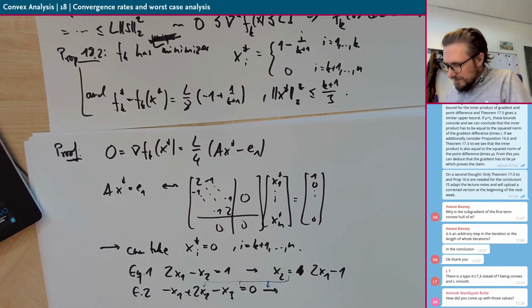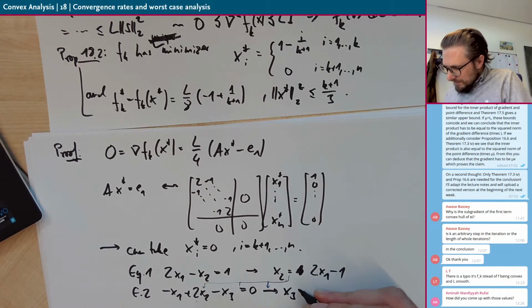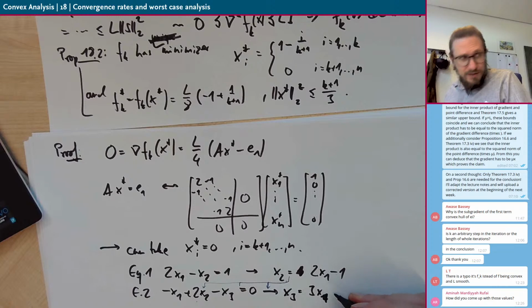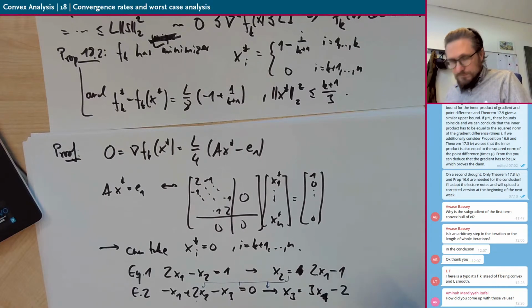In the end, solving for x3, we see this is 3x1, sorry, x1 minus 2.